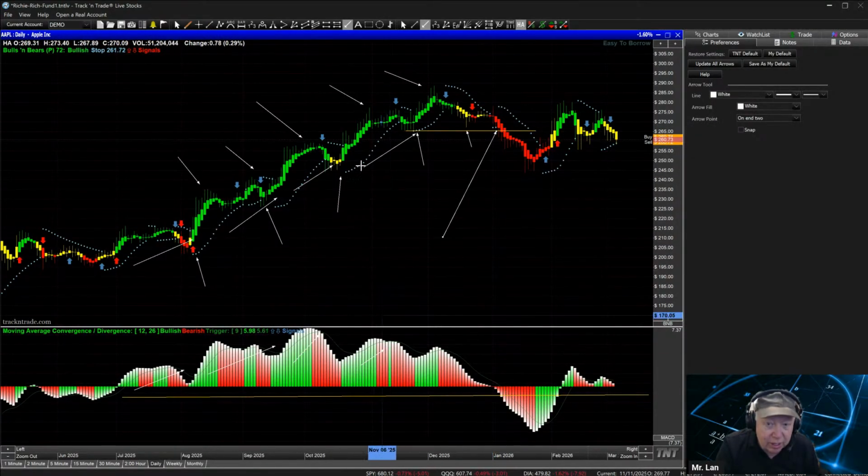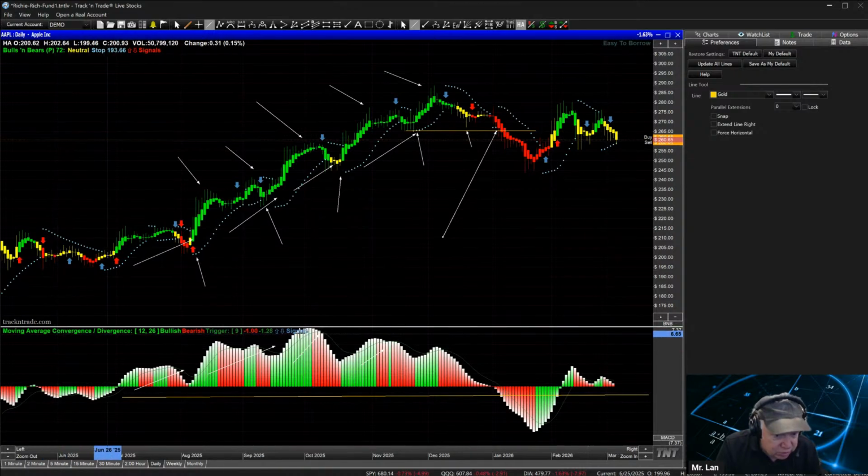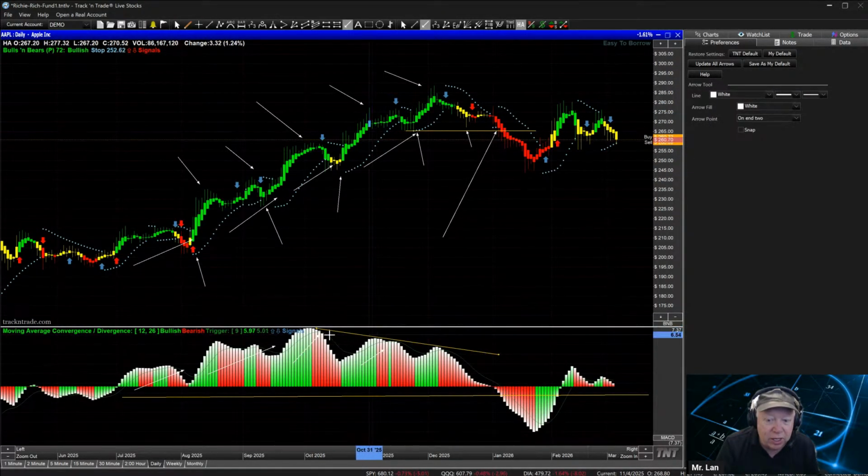But look at what the indicator started to do. This is one of the powerful things about this. That's why it's called convergence divergence. So see how this market started to make lower highs? The indicator itself is making lower highs, but the market is making higher highs. Well, that's a problem. That means this market is losing steam, running out of energy. So the indicator is telling you, hey, this is not a very strong higher high. And this is an even weaker higher high.